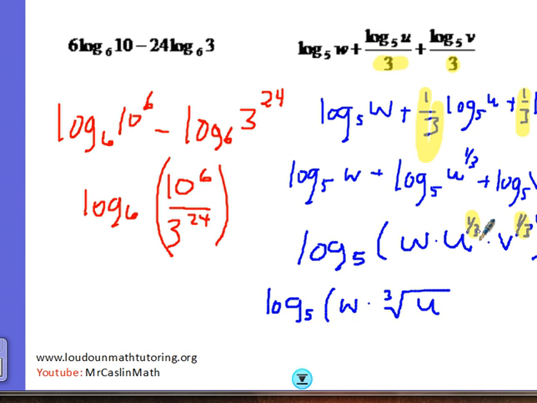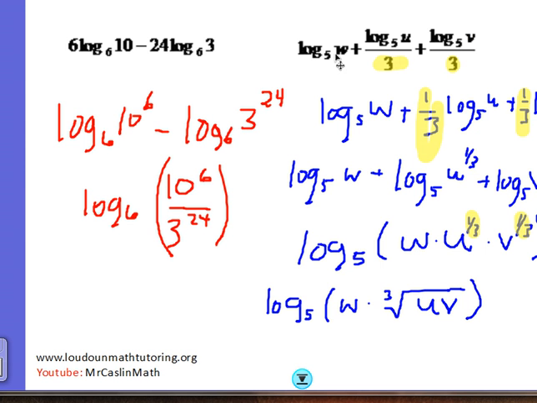Remember, the denominator of a fractional exponent becomes the index, times the cube root of v, so I'm going to condense those into one radical, the cube root of u times v. Okay, so this is another form of the same. These two are equivalent. Just ask your instructor which form he or she wants as the final answer.